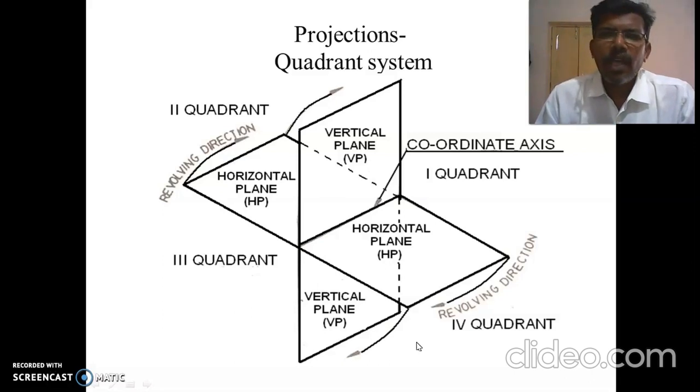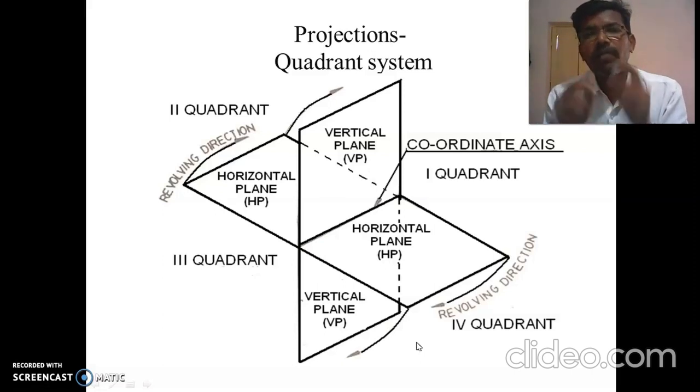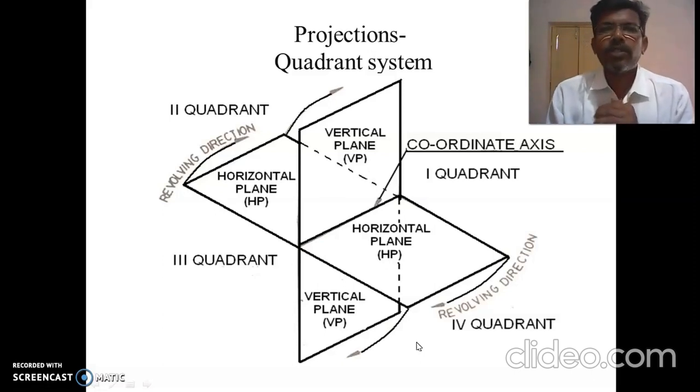Here, as per engineering graphics or engineering drawing, we only accept the first quadrant and the third quadrant. Why are the second quadrant and the fourth quadrant not accepted? Because when the object is placed in the second quadrant or the fourth quadrant, the views which appear will overlap with each other, so that you can view only one of the projections and cannot judge the geometrical shape of the particular object.